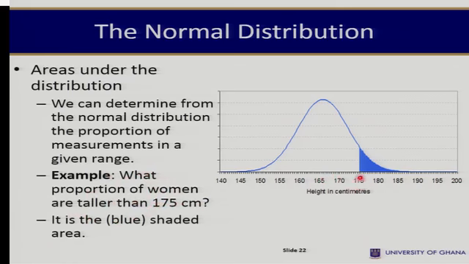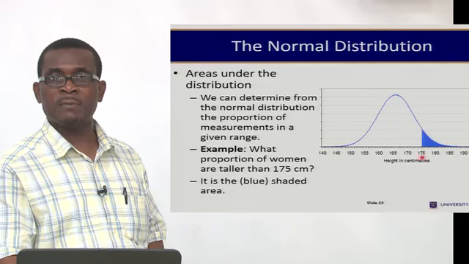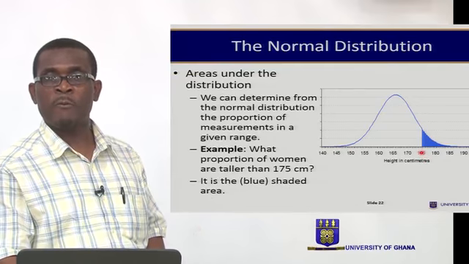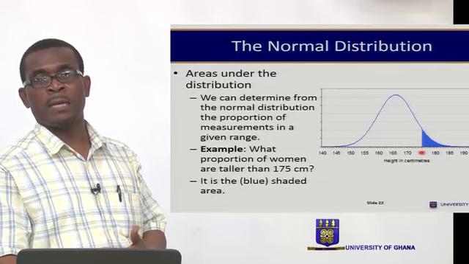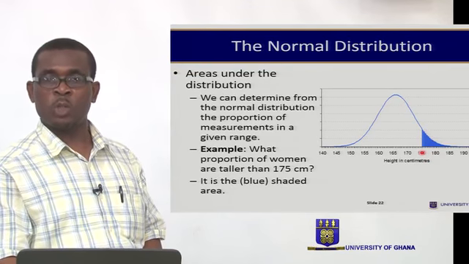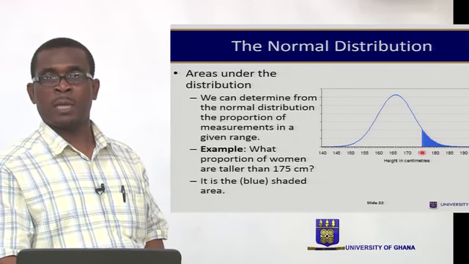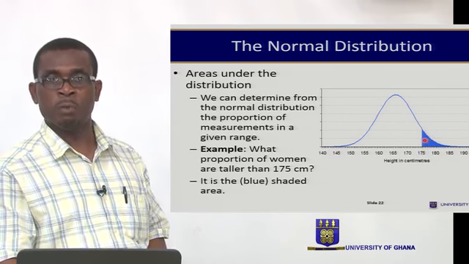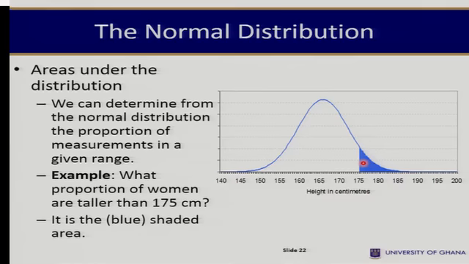It is simply the shaded area we're interested in, because if women's height is normally distributed, given this shape, women who are 175 centimeters are at this point, right? And to the right of that means you are taller than 175 centimeters. So if you want to find the proportion of women who are taller than 175 centimeters, it's a matter of finding the area shaded blue. We'll illustrate how you can find that.